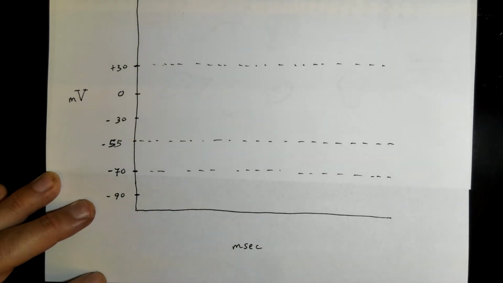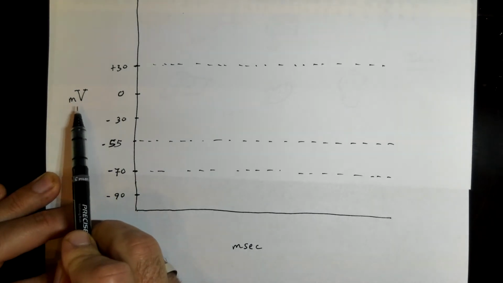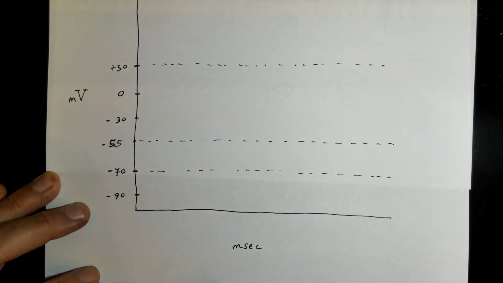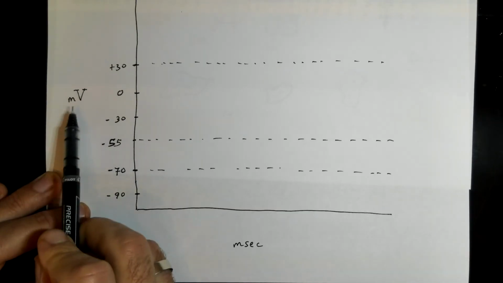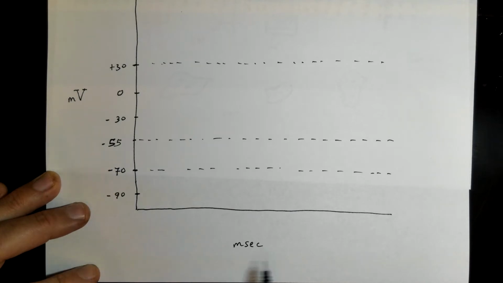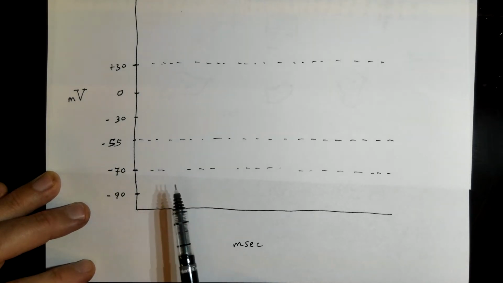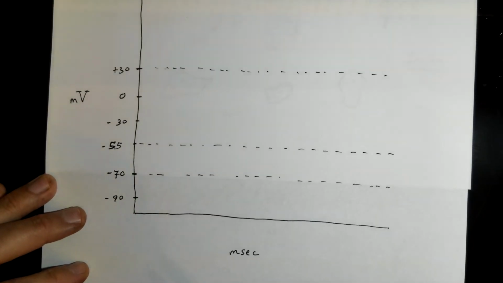Milli means 1,000th of a second. And millivolt means 1,000th of a volt. So we're talking about very small values, both in terms of time and in terms of voltage. But these small values are enough to allow for the biological electricity to do what it needs to do.